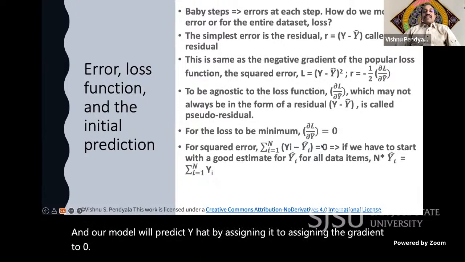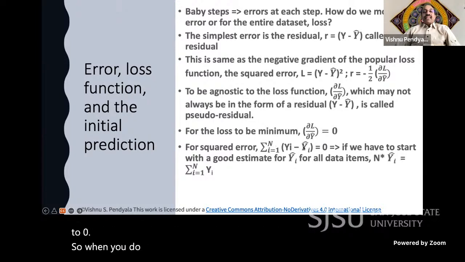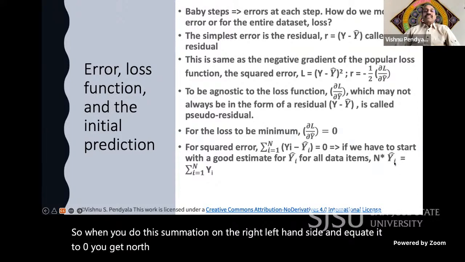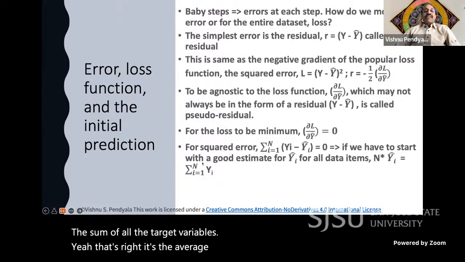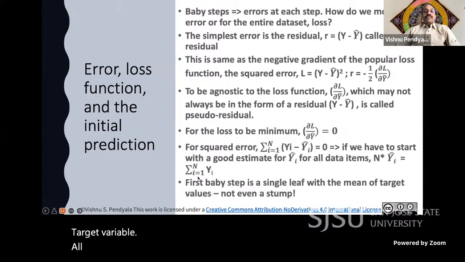So when you do this summation on the left-hand side and equate it to 0, you get n times ŷ is equal to the sum of all the target variables. Yeah, that's right. It's the average of all the values of the target variable.